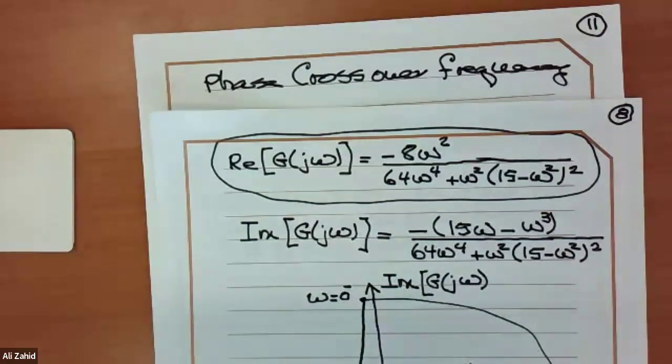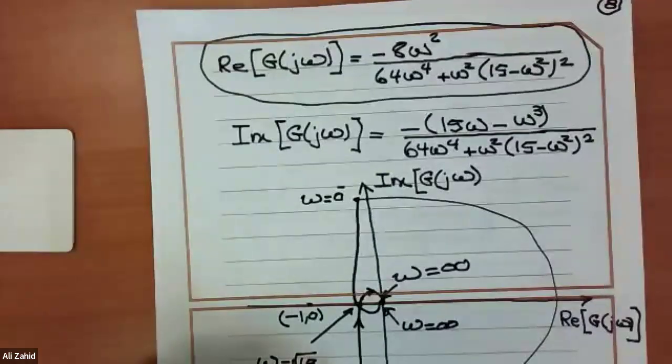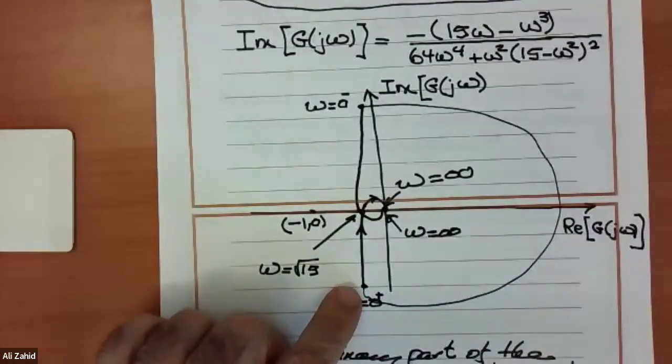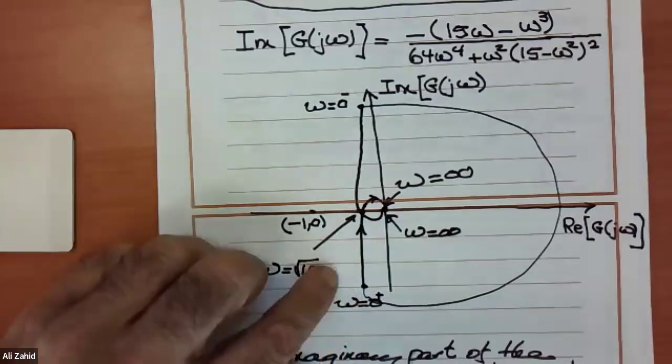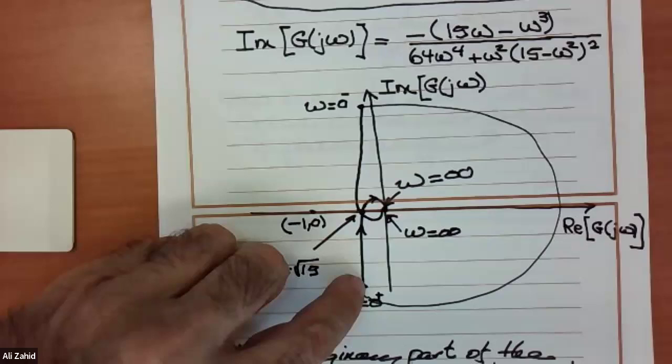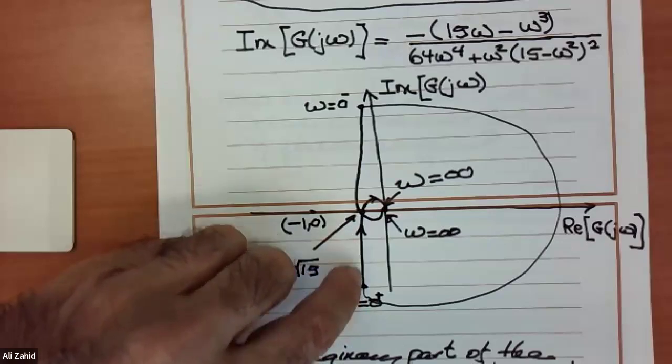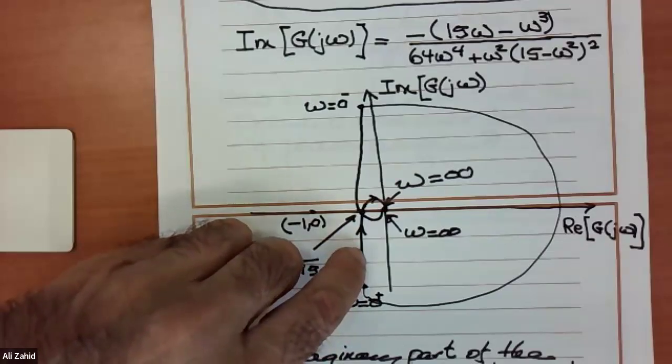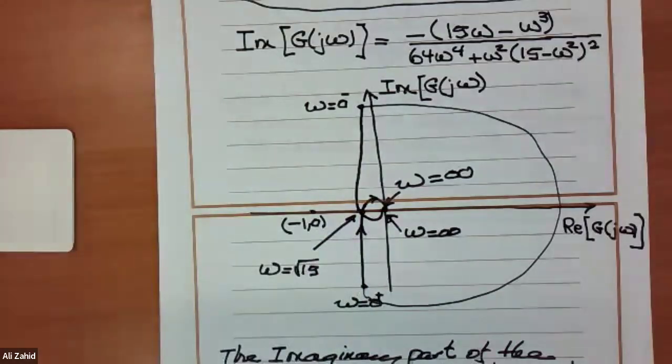At omega equal to 0, what is the magnitude? Infinity. As I increase omega, which means as I move here, will the magnitude increase or decrease? Decrease.